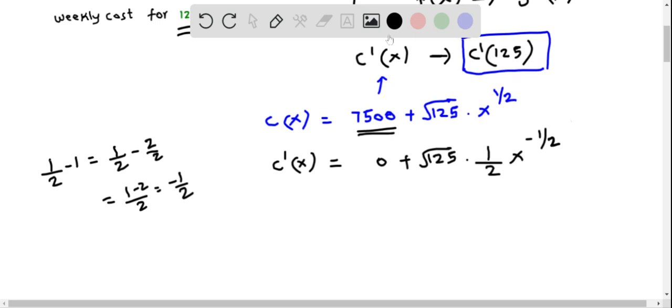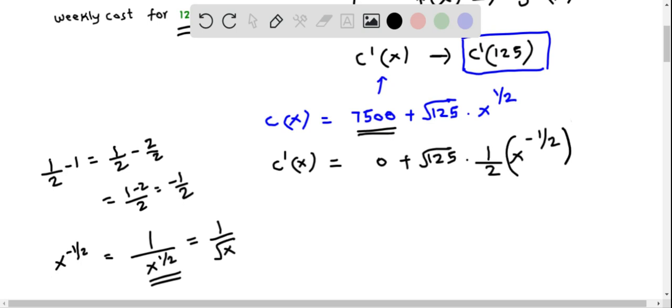We will simplify this x raised to the power of negative half. X raised to the power of negative half can first be written as 1 over x raised to the power of positive half, and then we rewrite x raised to the power of positive half as root x. So this can be written as 1 over root x.